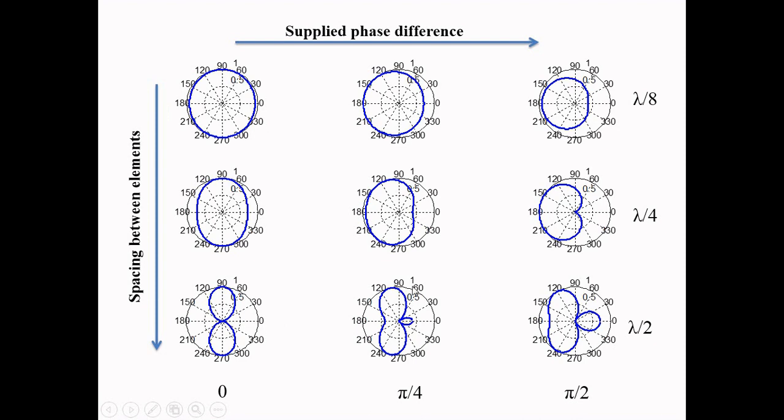You can also see that when we increase the phase difference between the two elements, the broadside array eventually moves towards the end fire behavior. So many conclusions can be drawn using this figure, and it is good to analyze the behavior of a broadside array and the end fire array and the combinations between these two arrays.